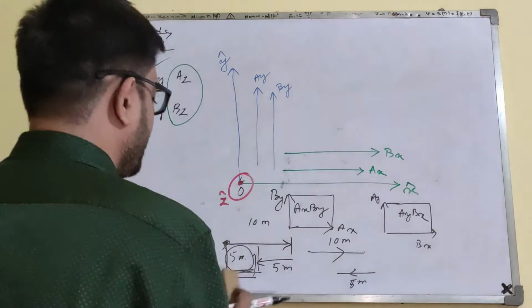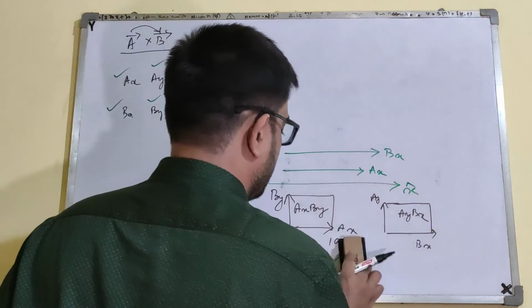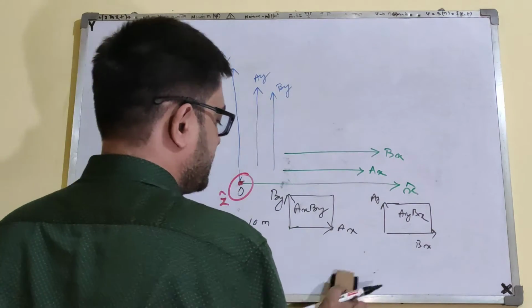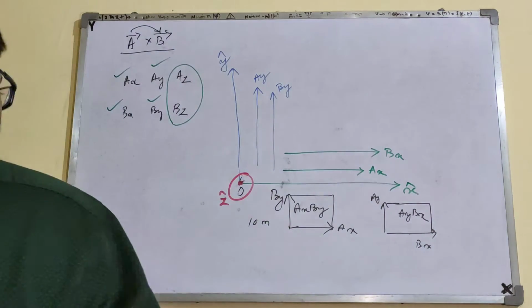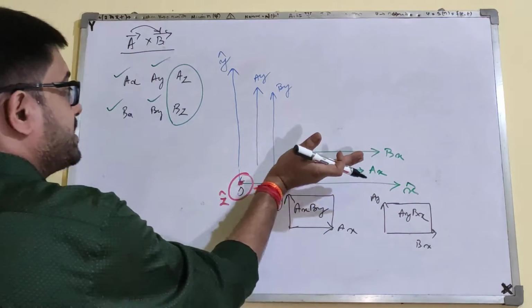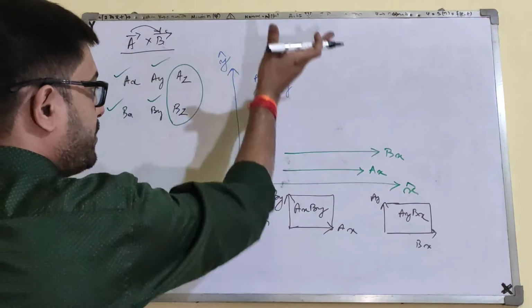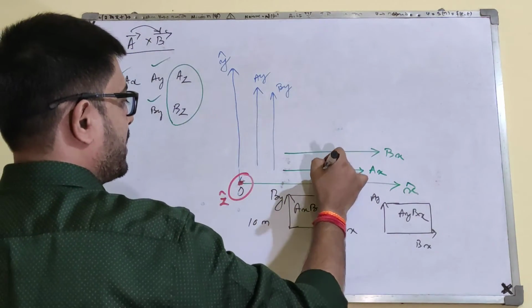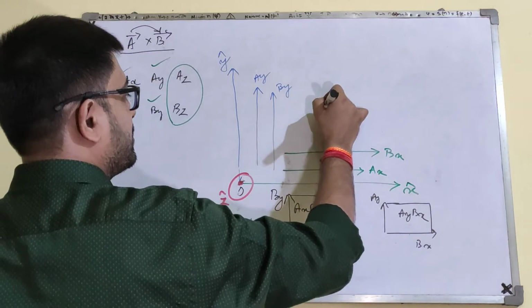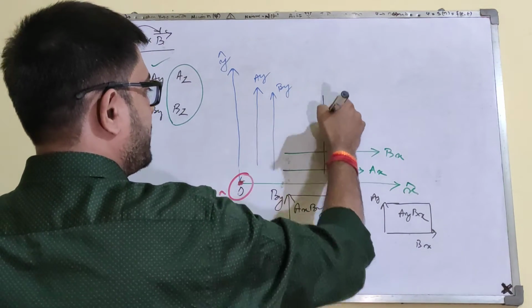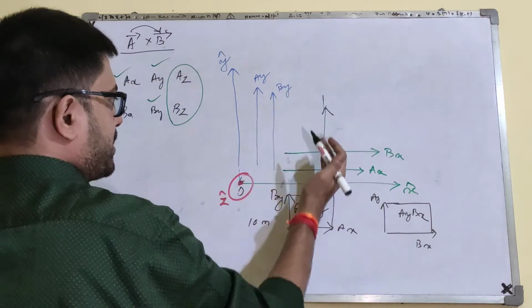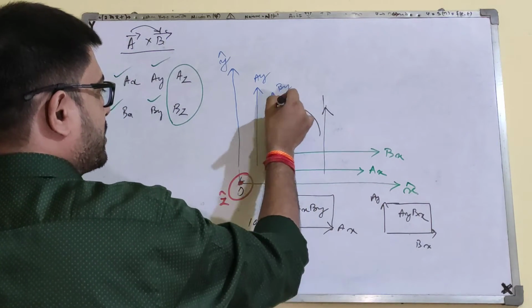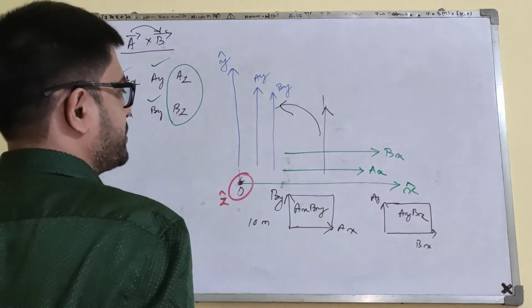Similarly, when ax is moving through by, this particular motion is counterclockwise as seen from the origin.